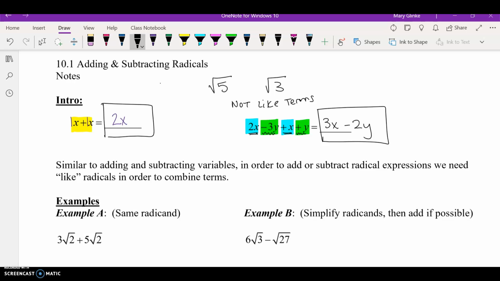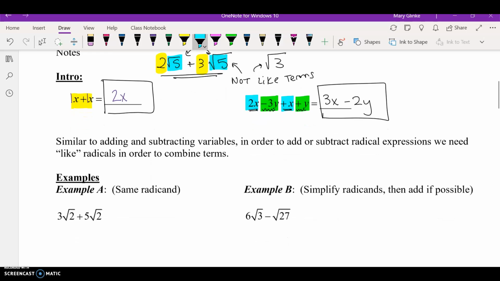But if you had 2 root 5 and 3 root 5, those are like terms. So these two could be added together. Once you figure out which ones you can add together, you add just like you add your variables, meaning the only thing that changes is the leading coefficient. So you add the numbers out in front, but you leave the term itself alone.